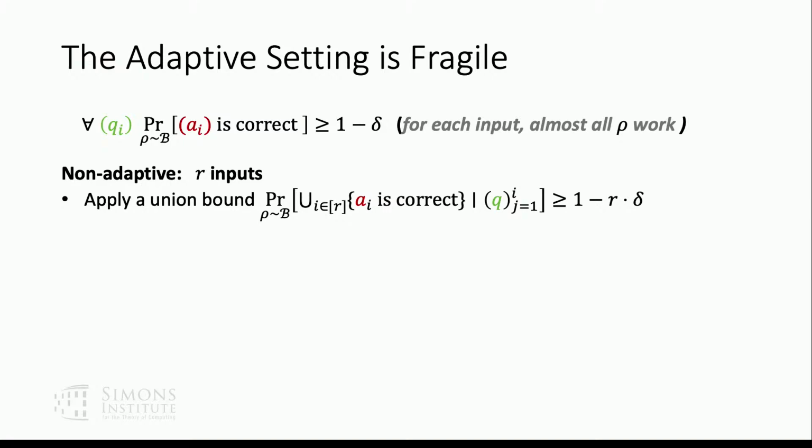And then if we have R inputs, it's just like a union bound. So this means that if we want to find a bad input, we have to have many trials, about 1 over delta trials, until we find something that the randomness is bad for.